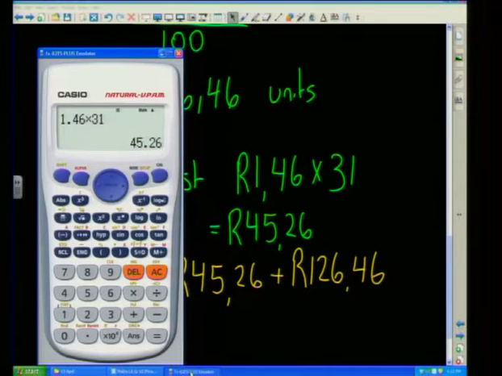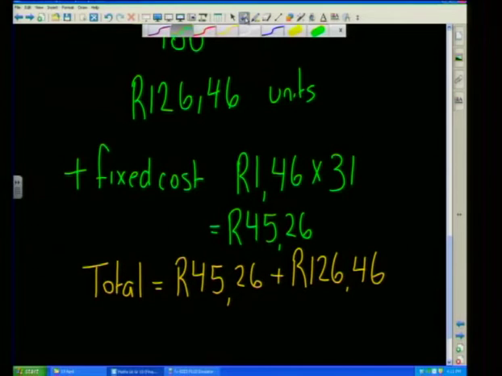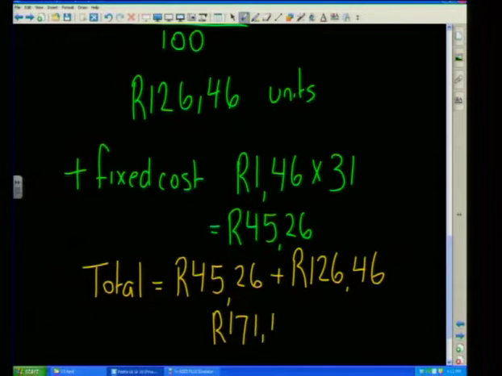I'm just going to press plus. 126.46. And I get an answer of 171 Rand 72. That's what they're paying for electricity. So that's what they pay.